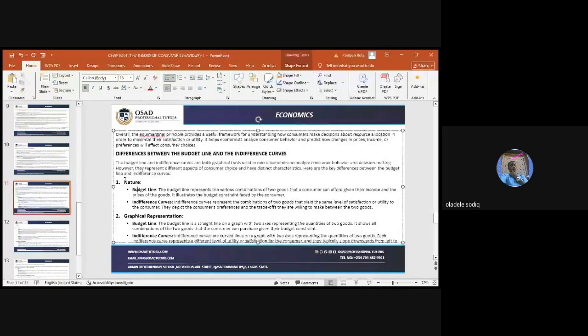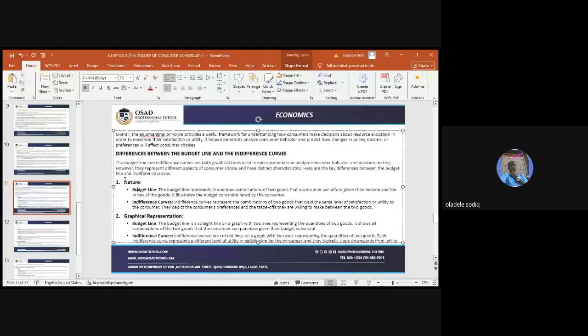The budget line represents the various combinations of two goods that the consumer can afford to consume.